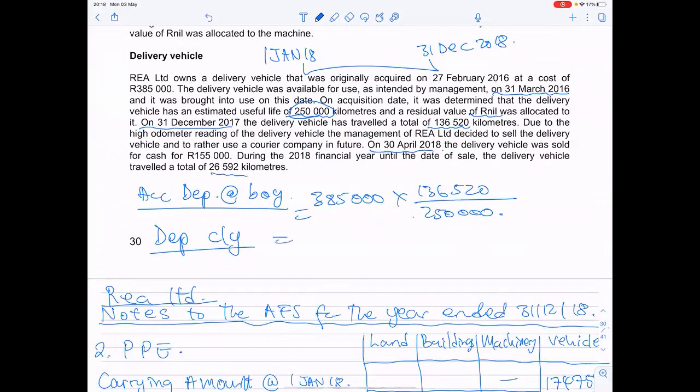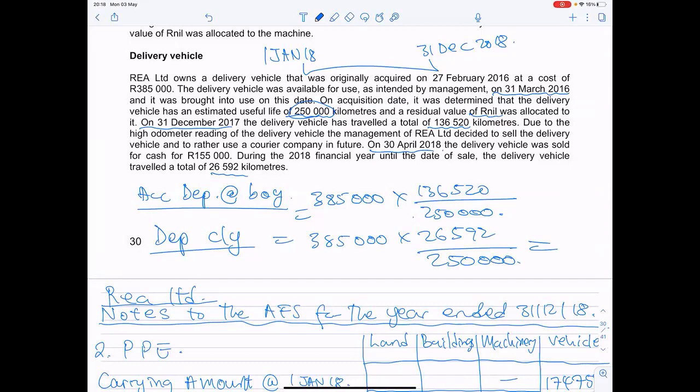So the depreciation in the current year will be 385,000 multiplied by the kilometers traveled until 30 April 2018, 26,592, divided by the total useful life of 250,000.